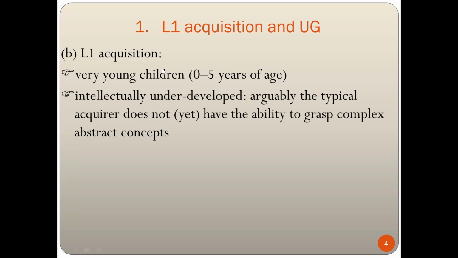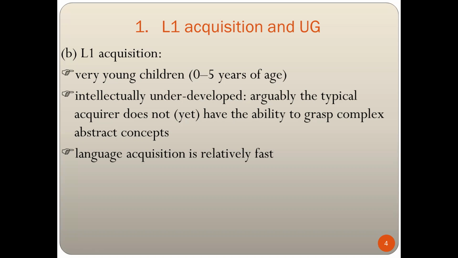So at the time first language acquisition takes place, the acquirer, which is a young child, doesn't really have an advanced cognitive system. And yet they manage to acquire what is a really complex communication system.